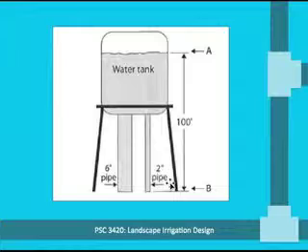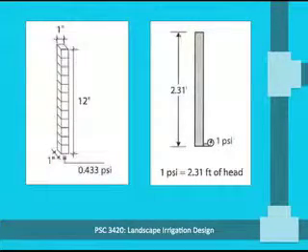If we were to try to figure out what the feet of head measurement would be at the base of these pipes, this is the measurement that is important. It's 100 feet to the top of the water in this tank to the bottom of the water in these pipes. So in both cases, there are 100 feet head of water at the bottoms of the pipes. Again, the pipe size isn't important. The total depth of the water is what's important.